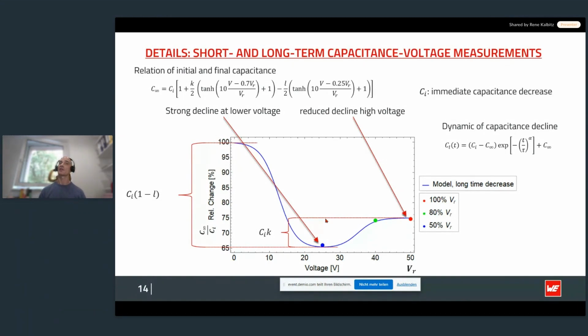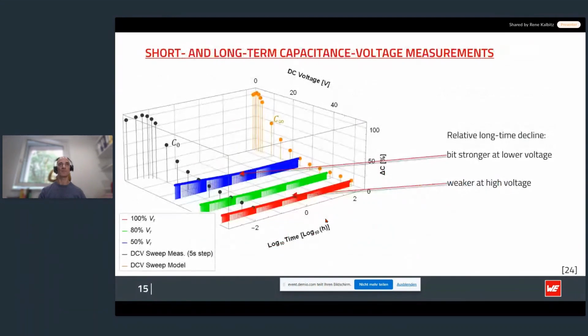And so you might think, oh, that's very complicated. Now I would have to consider two effects. And one of them is even so complicated, it depends on large time scales and voltage again. Well, it's probably not that complicated, as you will see.